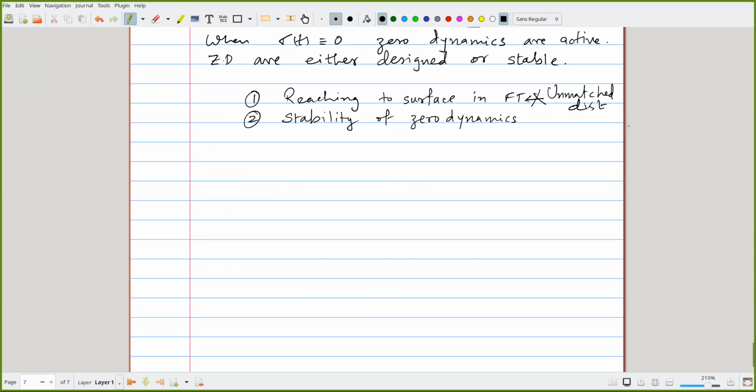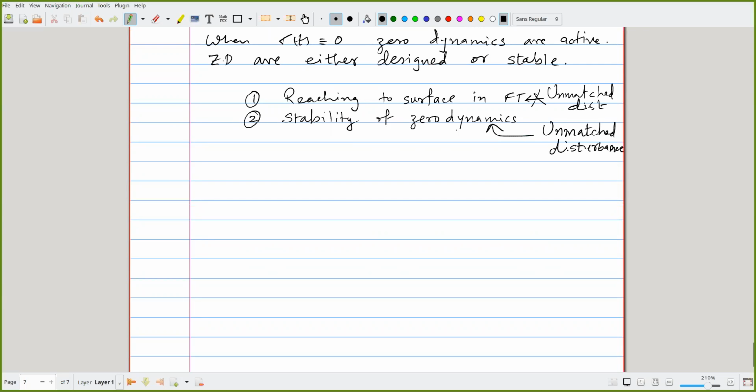But the problem arises in the stability of zero dynamics. The unmatched disturbance will cause problems here. So after we reach the surface, we stay on the surface, but if there are some unmatched disturbances, then the zero dynamics will not be asymptotically stable.